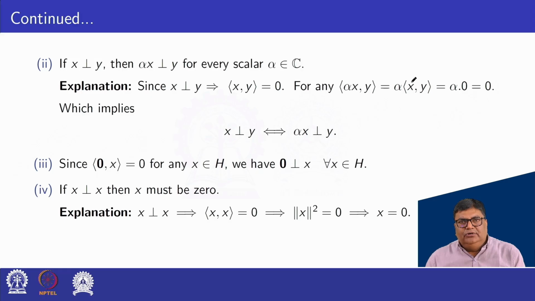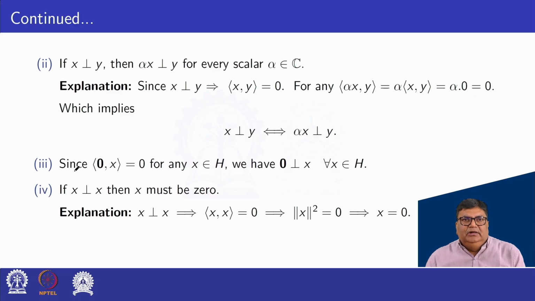This is equal to 0. That is, the inner product of alpha x, y equals alpha times the inner product of x, y, and the inner product of x, y equals 0. That is, alpha times 0 is equal to 0. So the inner product of alpha x, y is equal to 0. It means alpha x is perpendicular to y.